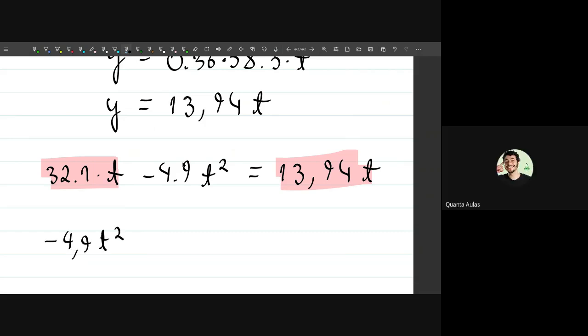I forgot about that. 32.1 minus 13.94, so it's T 18 equals 0. I don't know how much this is, but I suppose it's just a second, because I am not good today in simple math.